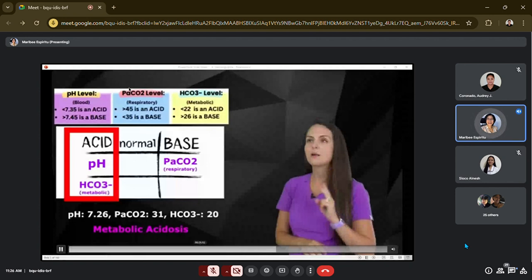Our pH is basic, alkalotic, so we're going to put that under base. Now let's look at the PaCO2. It is 27, and that is basic, so we'll put that under base. Then our bicarb, HCO3, is 23. Normal for that is 22 to 26, so we're going to put that under normal.